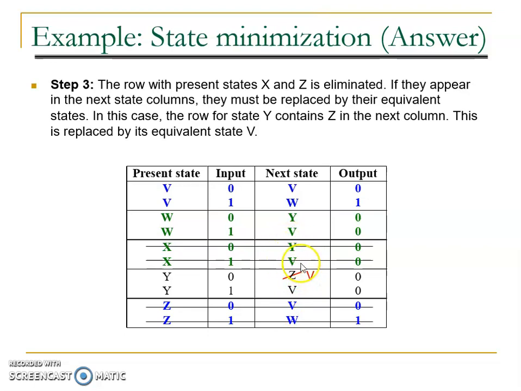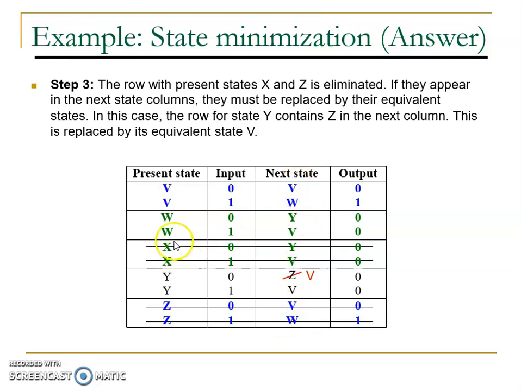For example, we have already eliminated states X and Z. Any X and Z that occur in the next state column we have to replace by their equivalent state.